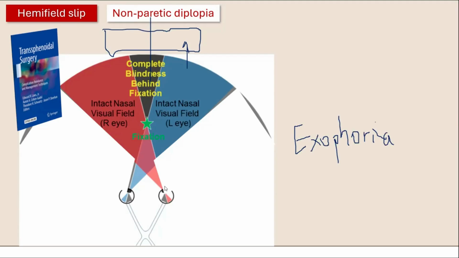If the patient develops bitemporal hemianopia, this might lead to decompensation of exophoria into something called exotropia. And this is the abbreviated form for exotropia, like manifest divergent squint or strabismus. Because of the visual field defects, this might trigger decompensation.